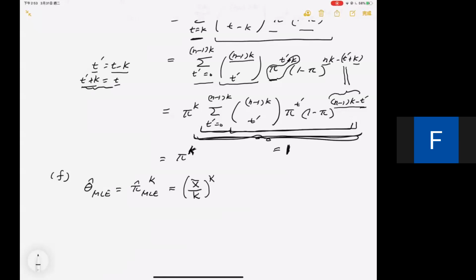Because you do know theta hat MLE is really nothing but a function of x bar. Then how do we use the central limit theory here? On what? Nothing but on x bar.